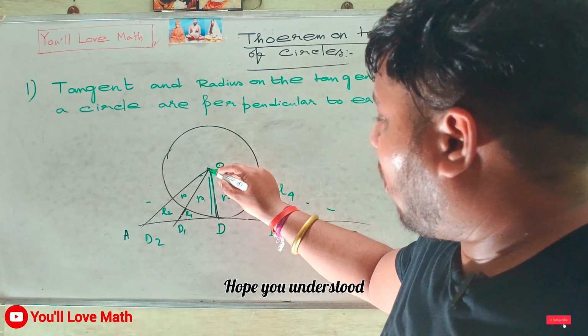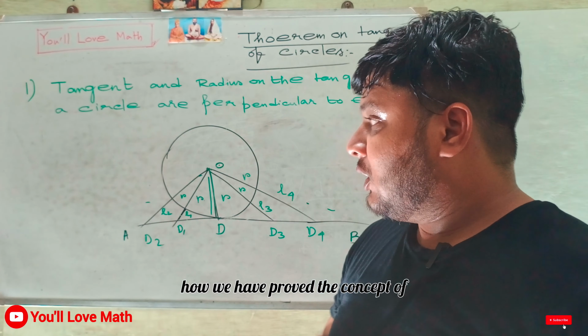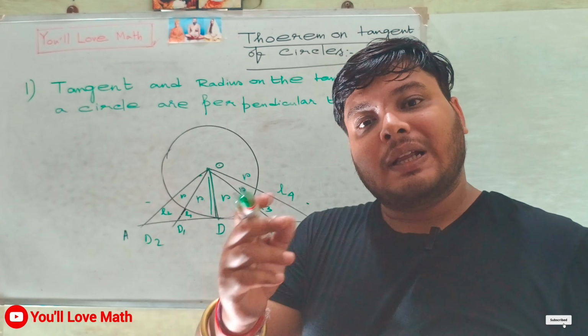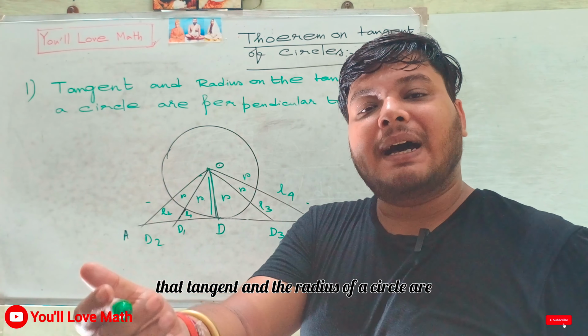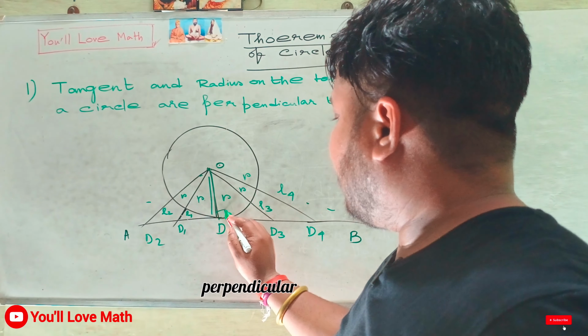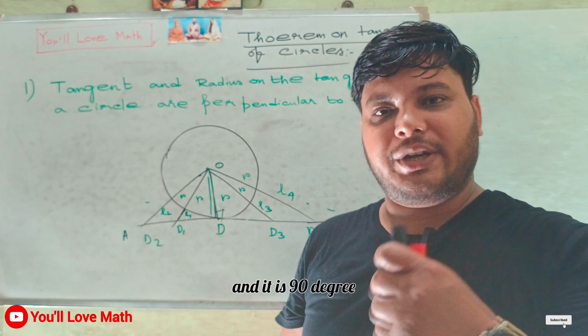Hope you understood how we have proved that the tangent and the radius of a circle are perpendicular to each other, at 90 degrees.